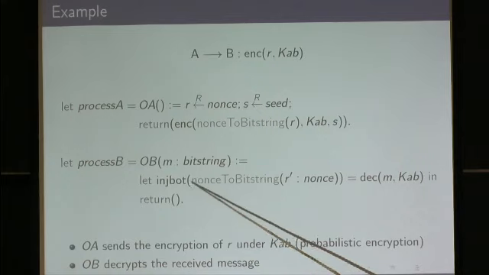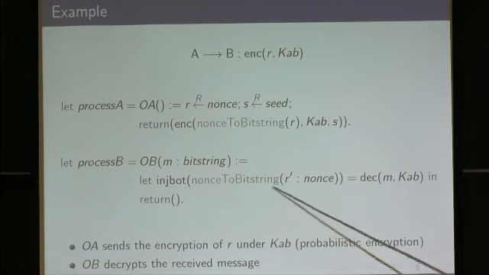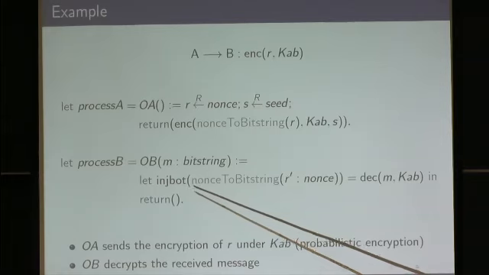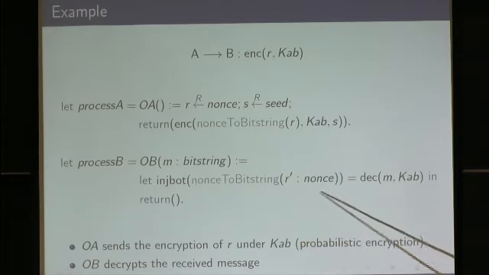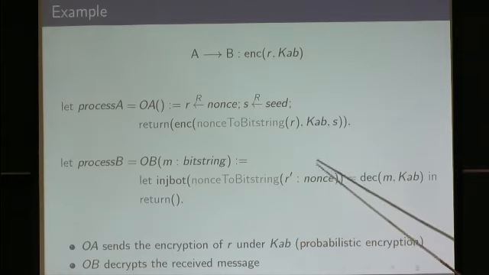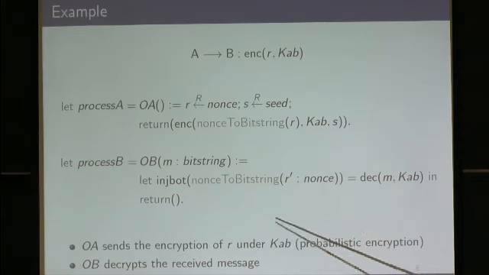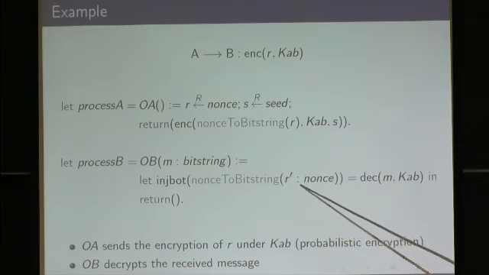And this function is the injection from bit strings to bit strings union bottom. So if it does not return bottom, then the result is of the form this injection of some value, which here will be a nonce. So this means that you decrypt and then you test if the decryption succeeds, and if it succeeds, you store the result in the nonce.